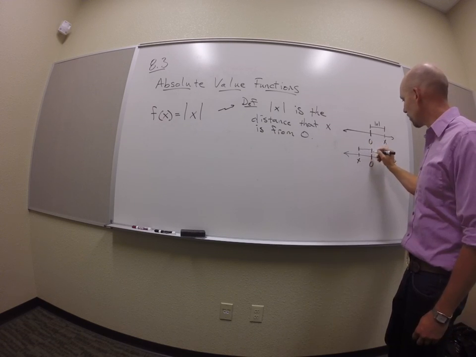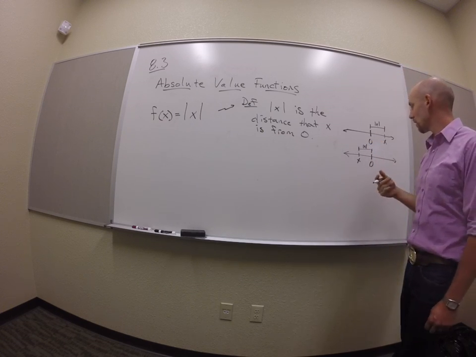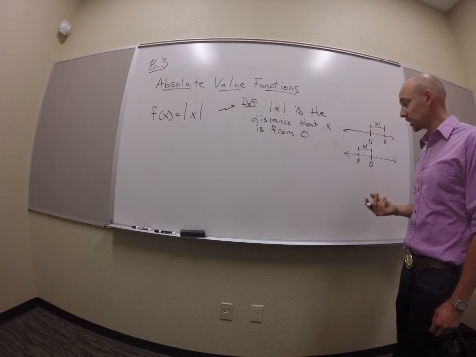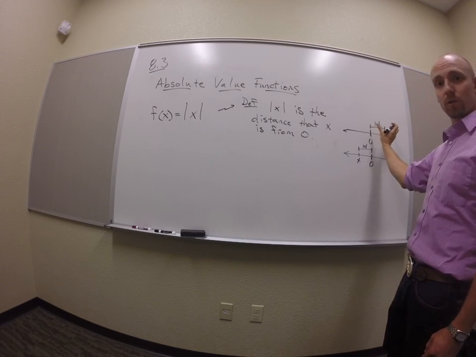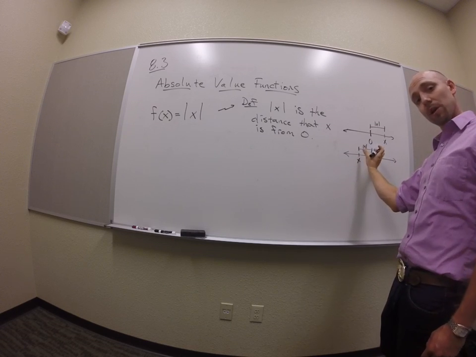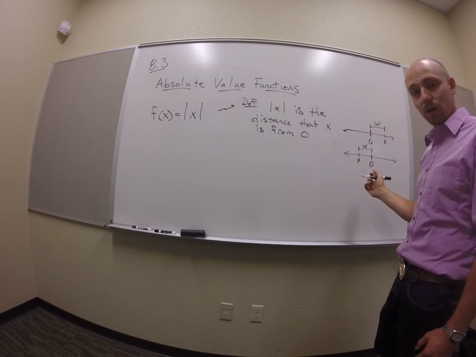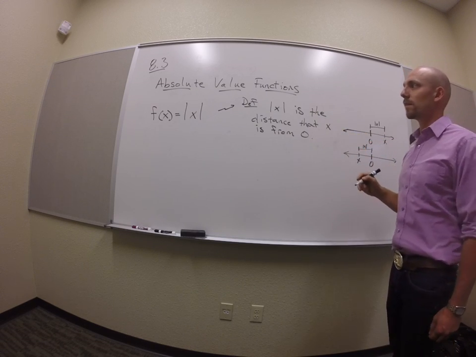Then the absolute value of x is still defined to be this distance. But we measure that in the same way we measure distance. So if this is, say, 3, then this absolute value would be 3. If this is negative 3, then this distance is still 3, so we would get a positive value out of it. So that's what we mean in words, right?